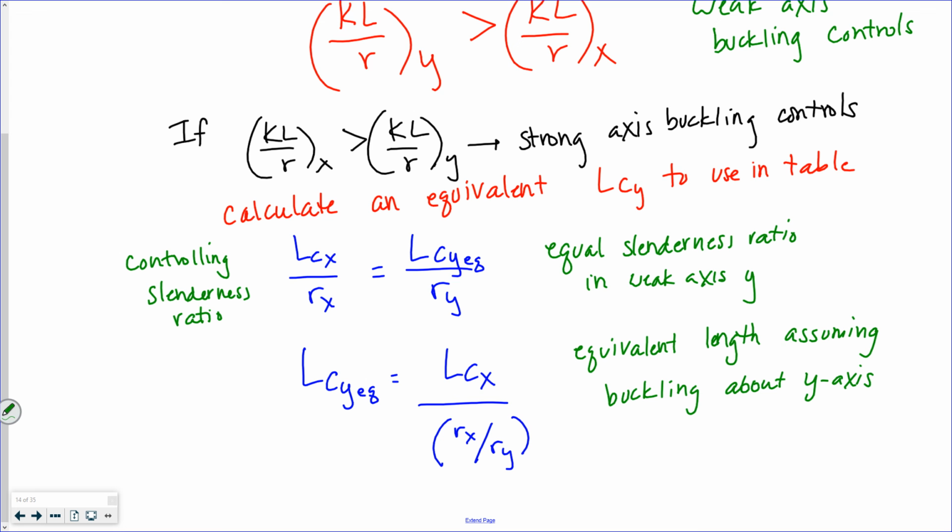But if I want to use the table, now you could just say, screw this and go back to the spec and calculate it yourself. That's fine. Use the equations. But if you wanted to use the table, all you have to do is divide that effective length in the x direction by the Rx over Ry.